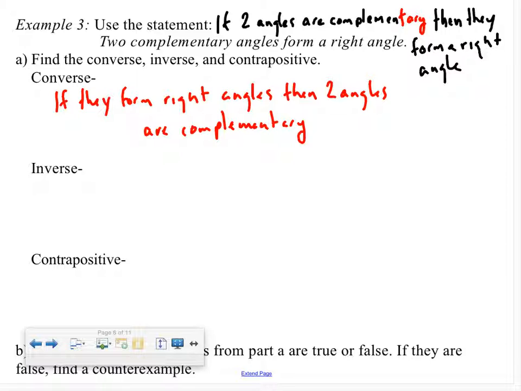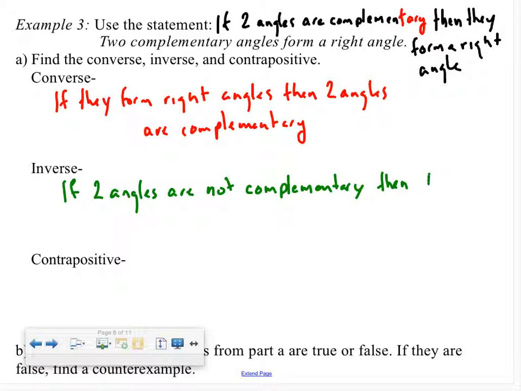Inverse, if two angles are not complementary, then they do not form right angles.